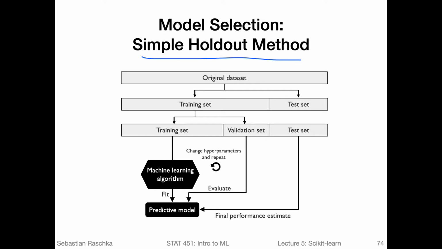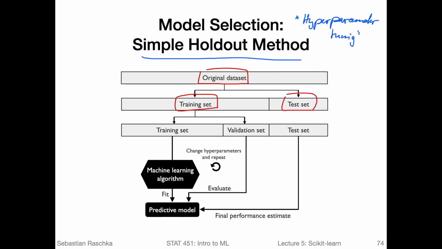So model selection is basically a fancy word for hyperparameter tuning and selecting the best model that comes out of the hyperparameter tuning. So what we have here is the data set that we split into a training set and a test set.